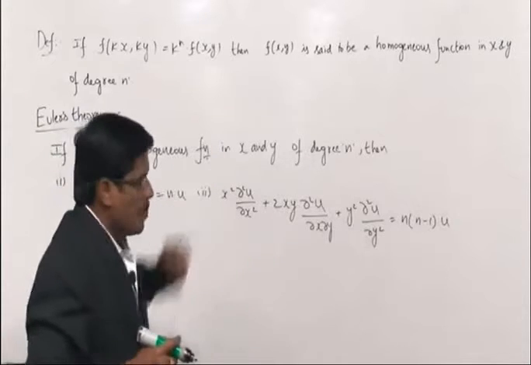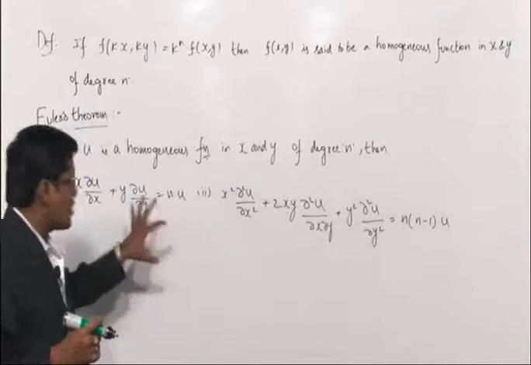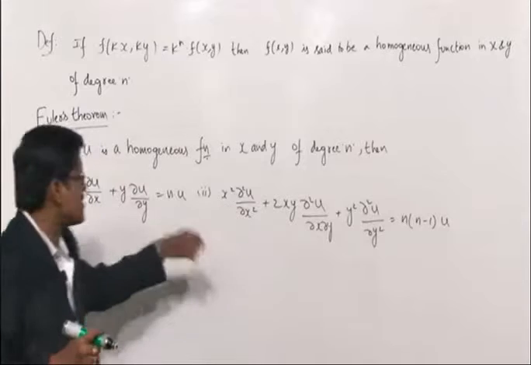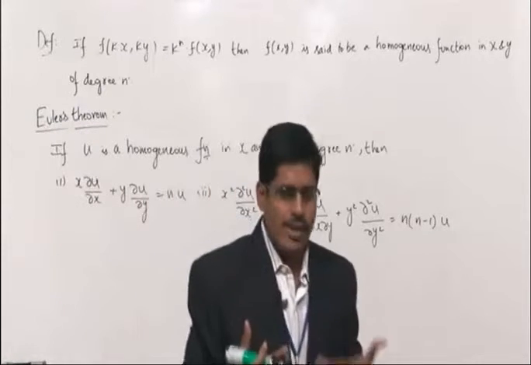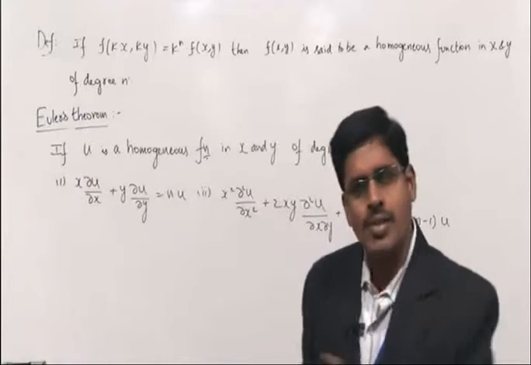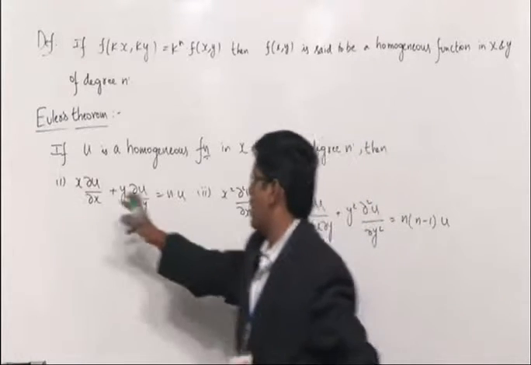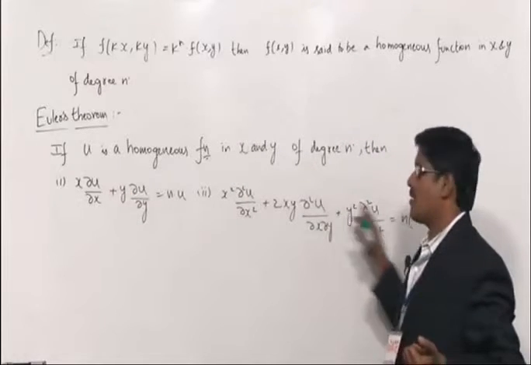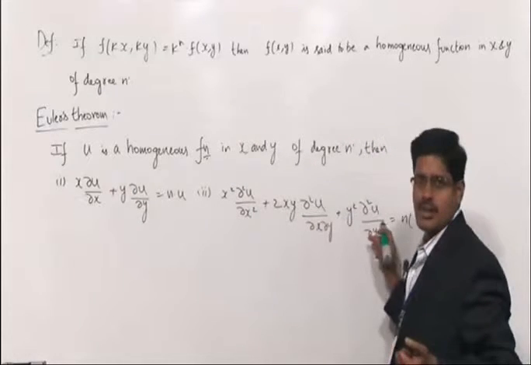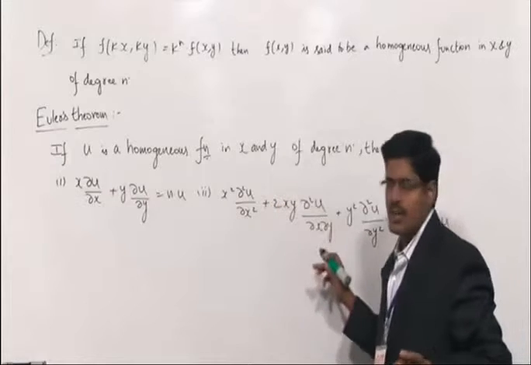So take any homogeneous function, find these derivatives and then consider LHS in both results, check whether this RHS is obtained or not. That means this theorem helps a lot: whenever it is a homogeneous function, without finding derivatives, we will get that result. It looks like the form of first order derivatives. Now these are all second order derivatives with respect to x and y, whenever u is a function of x and y.